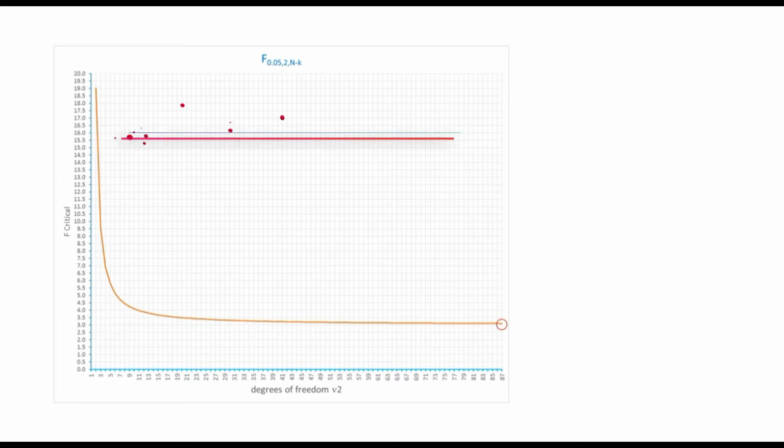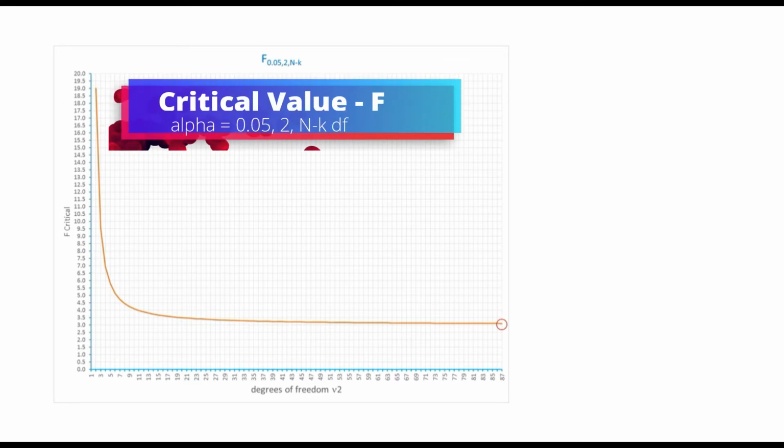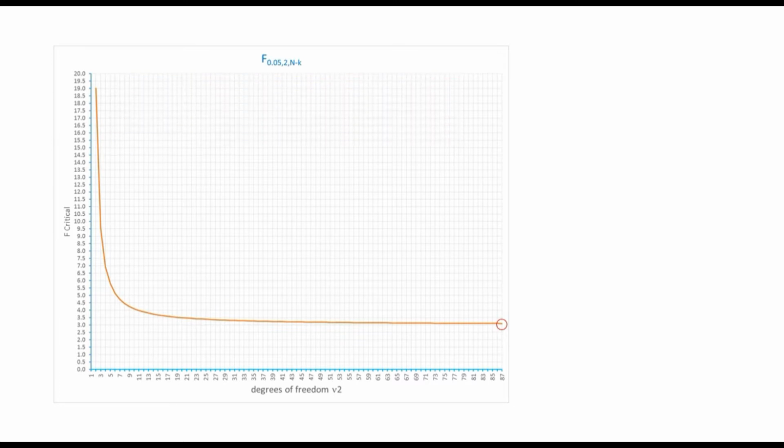In this illustration, I have graphed for you the actual critical value of F with an alpha risk of 5%, 2 degrees of freedom in the numerator, and large N minus K degrees of freedom in the denominator, and that is what's illustrated on the x-axis as the variable in this function.